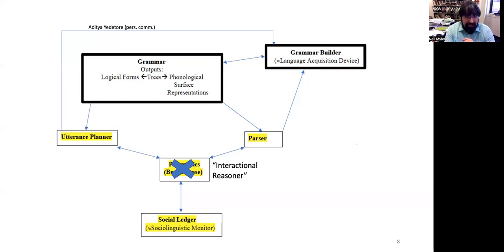So articulatory phonetics I take to be the responsibility of the utterance planner, which is the thing that takes what it knows from the grammar and uses it in combination with things from the interactional reasoner to build utterances. Acoustic phonetics is the responsibility of the parser.